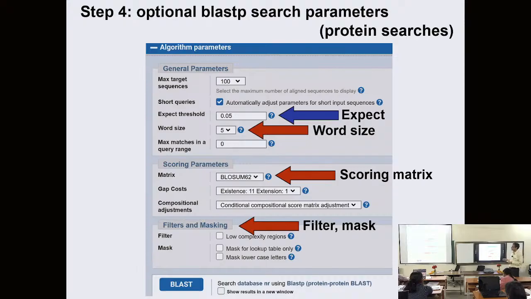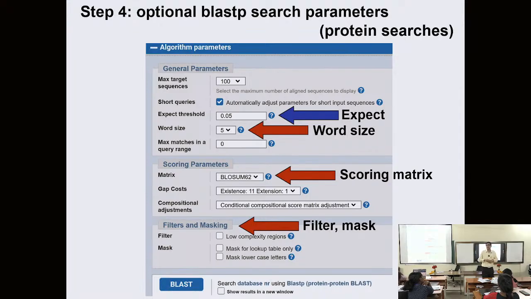The scoring matrix. Now I think you will appreciate what these scoring matrices mean, because we just discussed these matrices, PAM matrices and BLOSUM matrices. The default is BLOSUM62, and I mentioned yesterday that this is kept default because this can identify close relatives, and it is also good for moderately distant sequences, distant relatives, moderately.